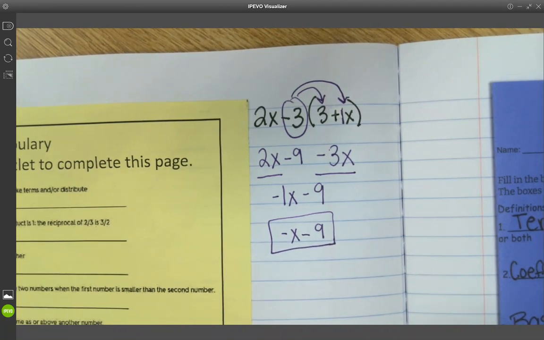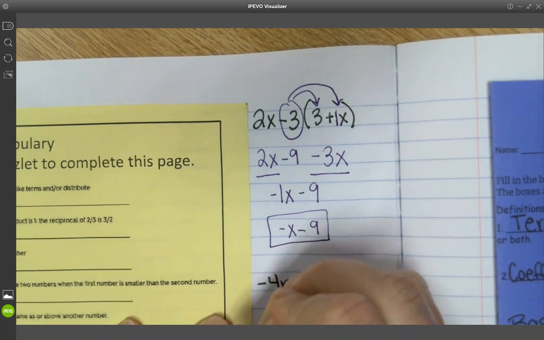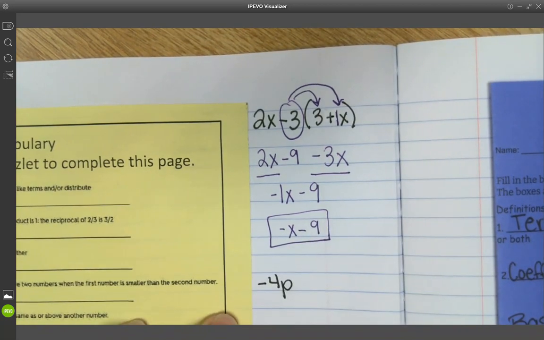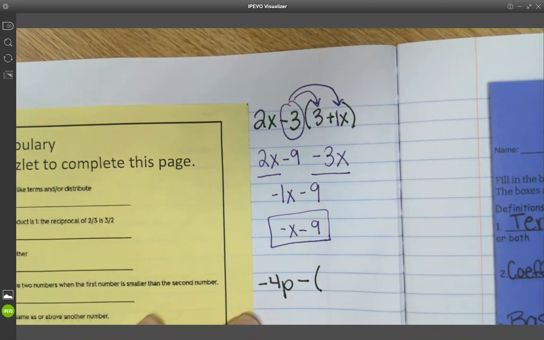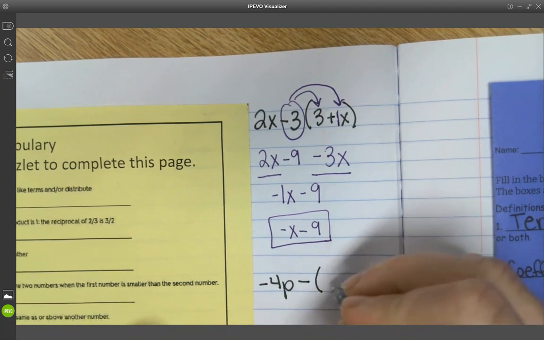Okay, let's do another one. Negative 4p minus parentheses 1 minus 6p.